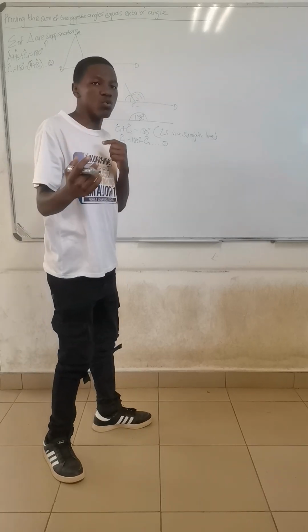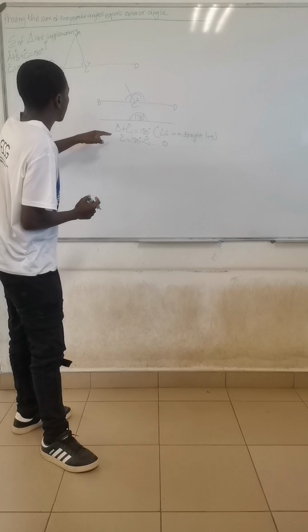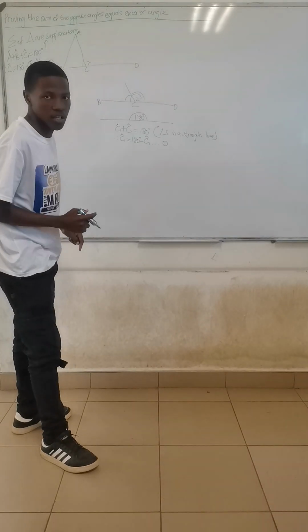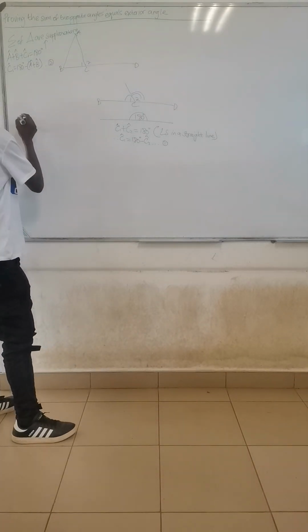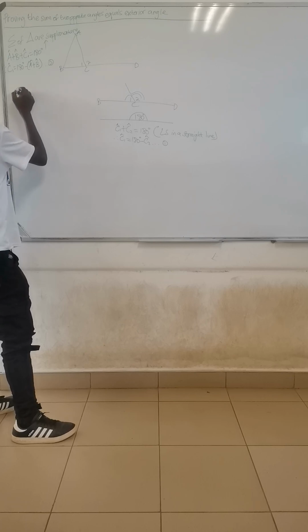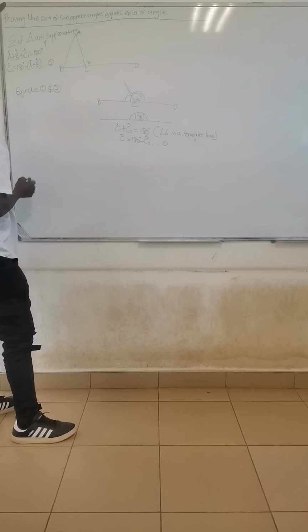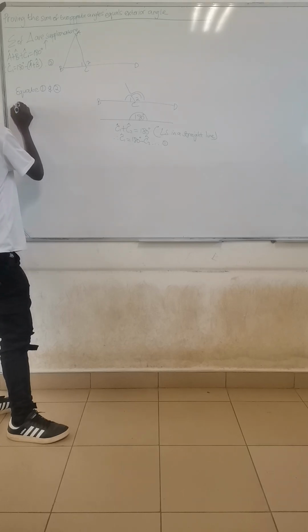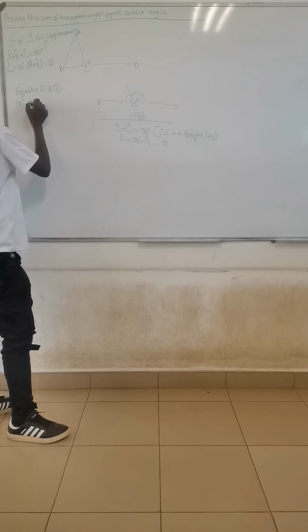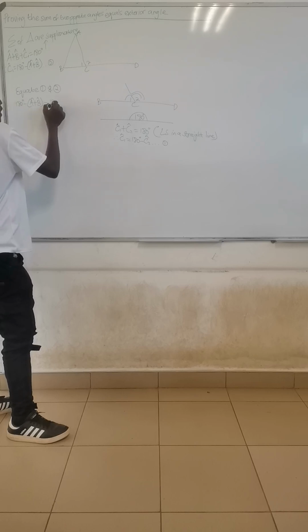So what we need to do, we have to equate both equations. We are going to equate equation 1 and equation 2, whereby you are going to find 180 degrees minus the sum of A and B being equal to 180 degrees minus C2.